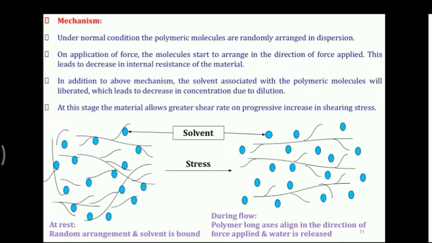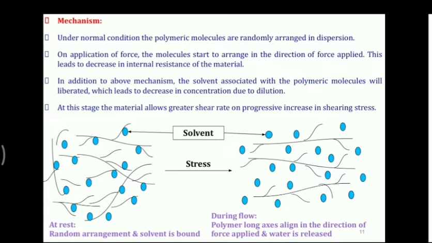On the right hand side, these molecules get separated from the long axis or the short axis. That results in slight dilution of the solution or mixture. This is the minor mechanism, which also leads to a decrease in consistency or viscosity.